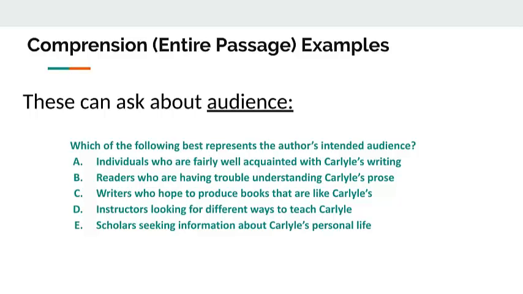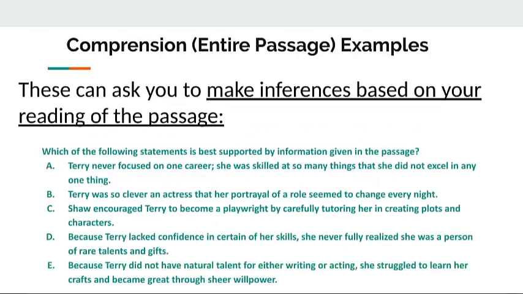Which of the following best represents the author's intended audience? So is it individuals, readers, writers, instructors, scholars? Other questions might ask you to make an inference based on your reading of the passage. Which of the following statements is best supported by information given in the passage?